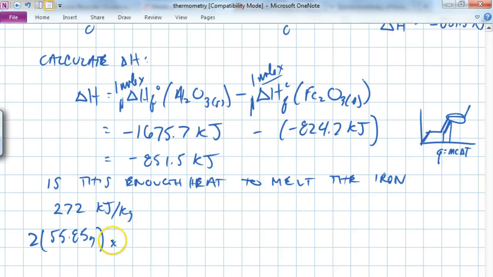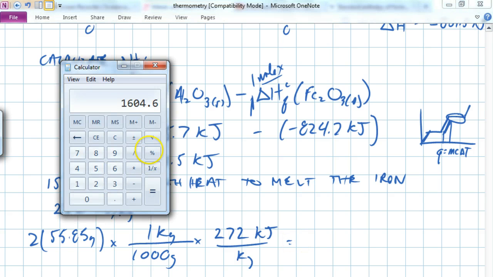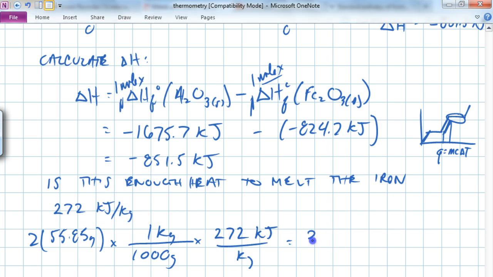So what we're going to do is convert that to kilograms, and then we're going to convert that to kilojoules. So we've got 2 times 55.85 divided by 1,000, and then times 272. So we need 30.4 kilojoules to melt it.